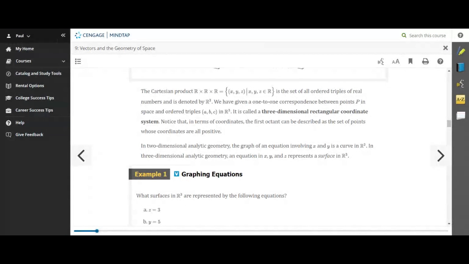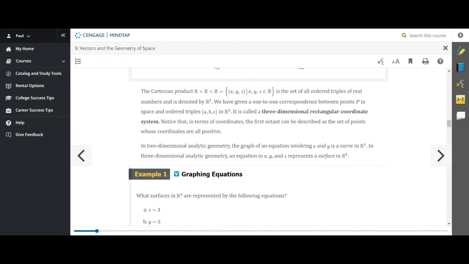So in example 1, they ask what surfaces in R3 are represented by the following equations. In example 1, when they have that script letter R with a 3 there, that means three-dimensional space.